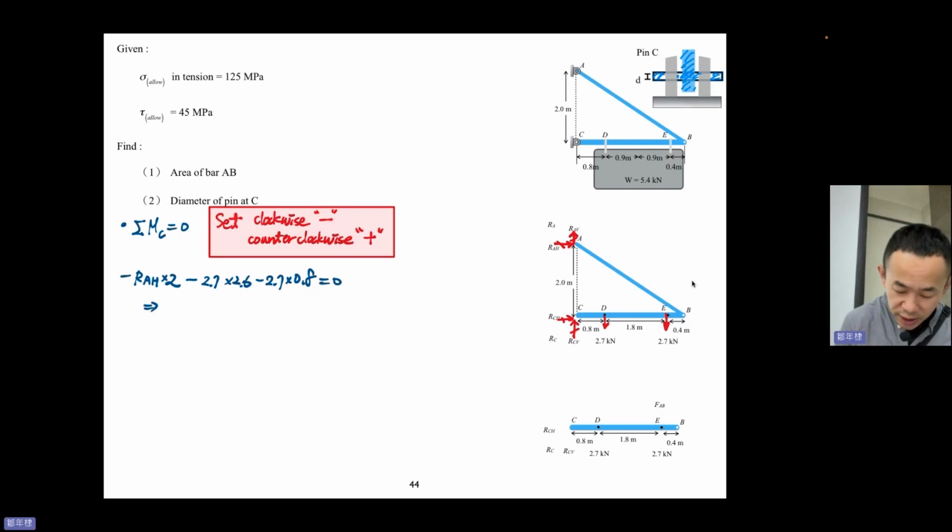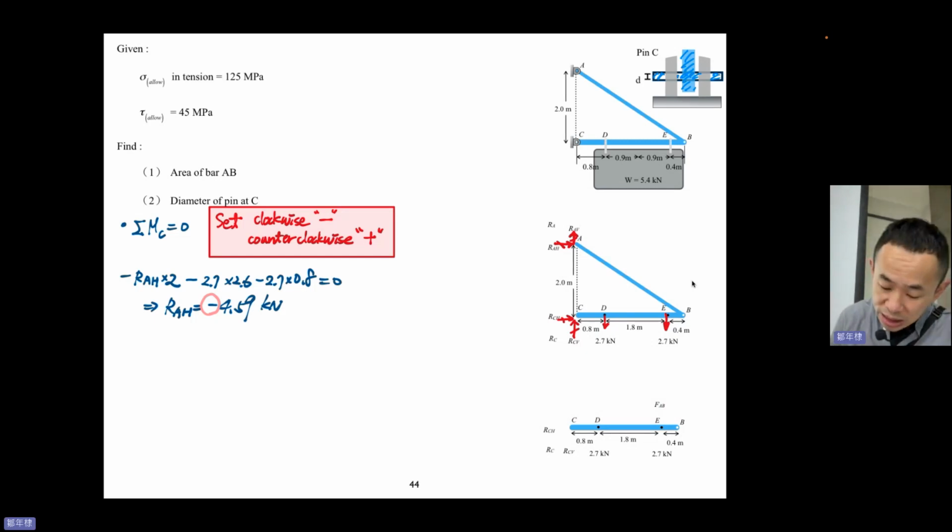And you will successfully get RAH equal to minus 4.5659 kN. Oh, you notice that. Hey, this is a minus sign.